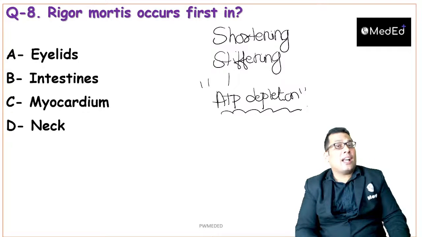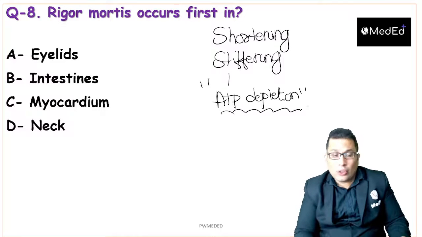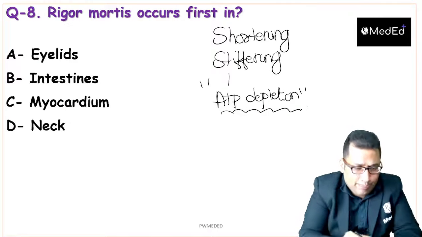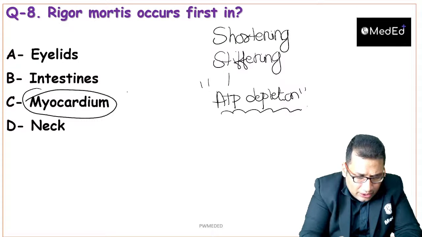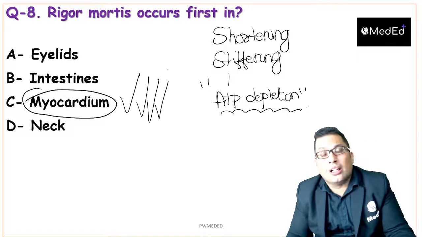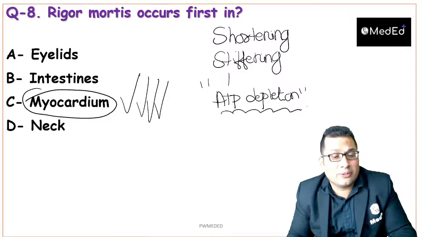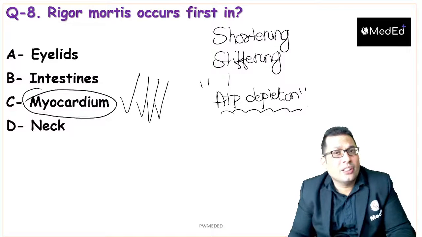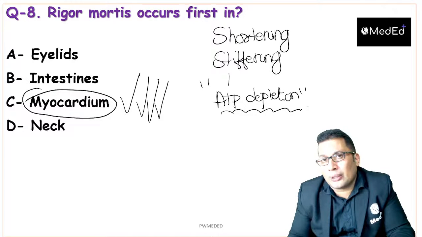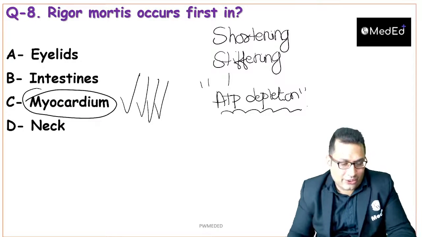Rigor mortis can happen in voluntary muscle and involuntary muscle also. The first involuntary muscle is the myocardium, which is correct. Myocardium, the left side of the heart, is the first site of rigor mortis in post-mortem examination.